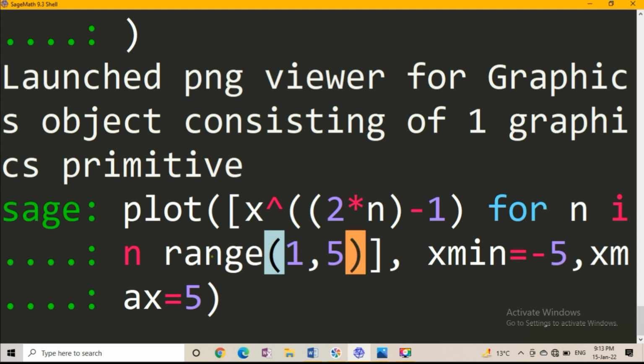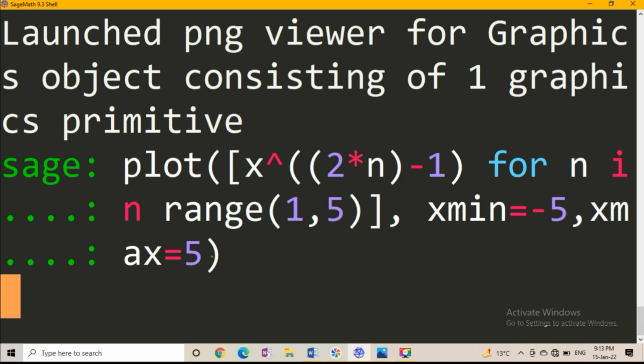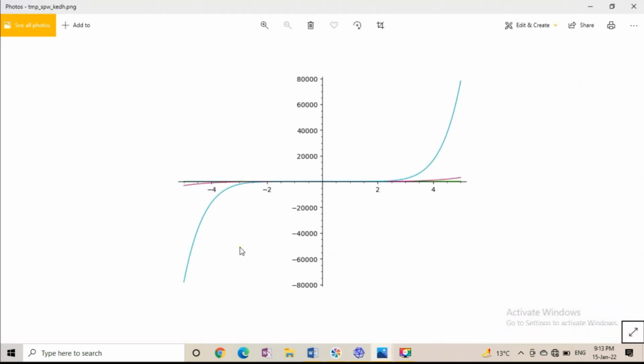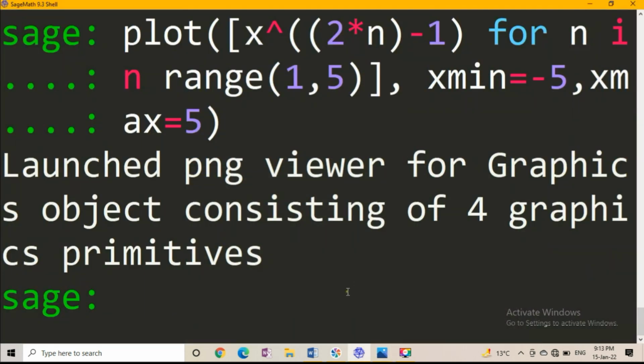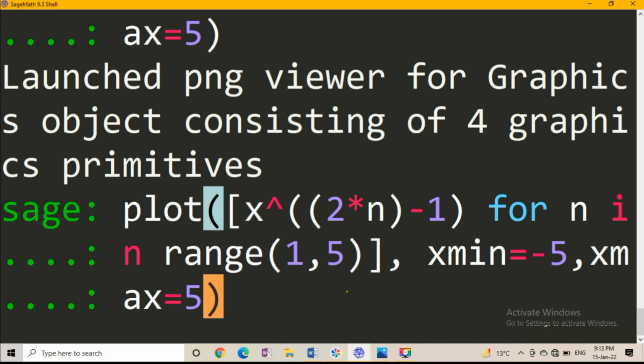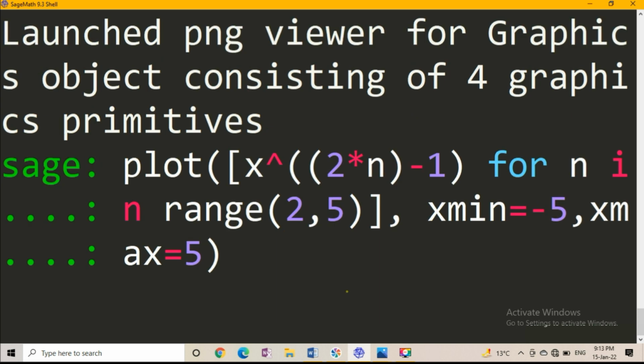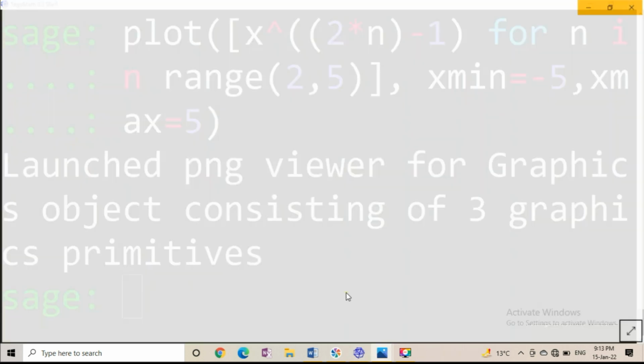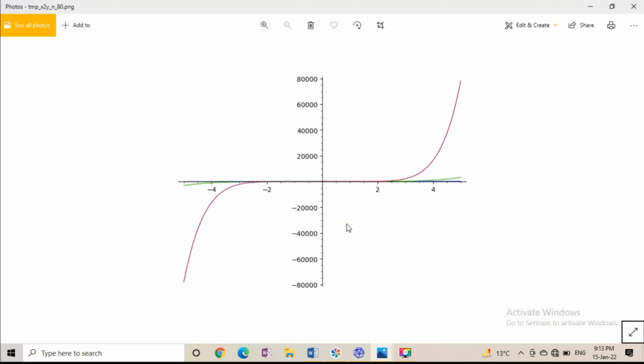First we press enter, what happened? Look at this, this is the graph of this function. If we change the value of n to 2 to 5, what happened? This is the graph of the function.